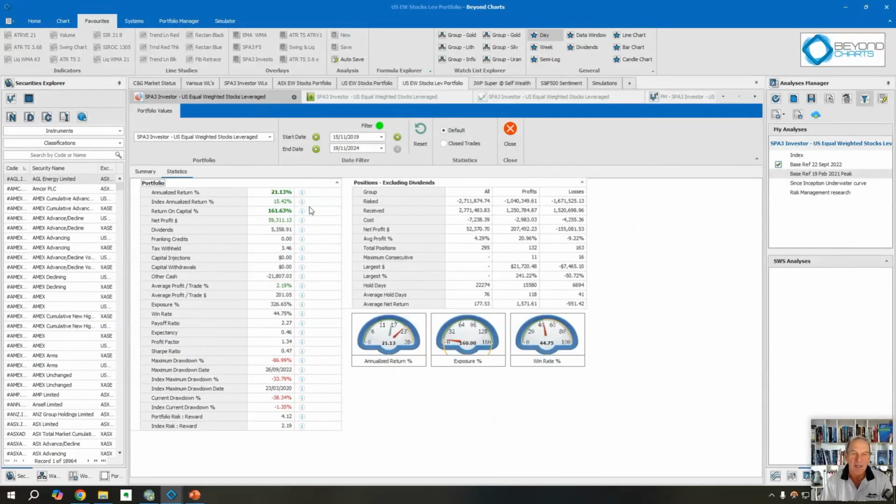Over 5 years, still outperforming the index here, but look at that, we've had an 87% drawdown in that time, compared to 33% drawdown in the index, and a risk reward ratio, because you're trading with leverage and your drawdown is magnified, of 4.12, which is a much bigger risk reward ratio, and so you get bigger returns, but you get deeper drawdowns.